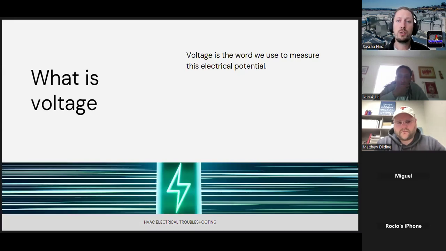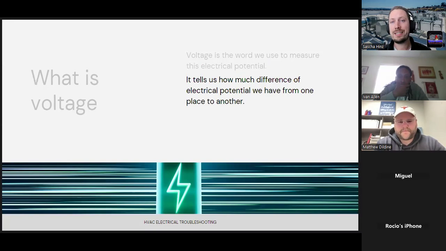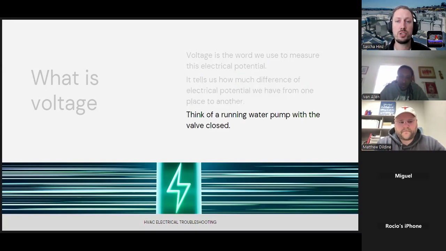Voltage is the word that we use to describe that potential of electrical power. It basically tells us the difference of electrical potential that we have from one place to another. That is the voltage. You can think of it like a running water pump with the valves closed.